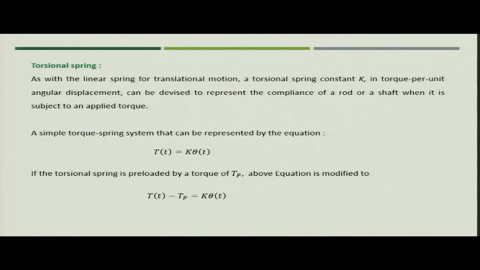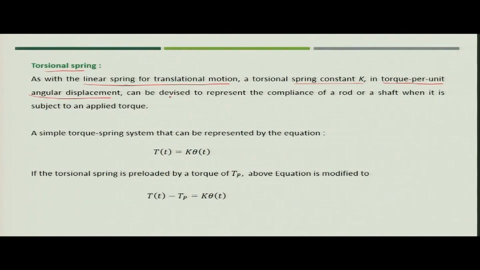Now, similar to the linear spring which we saw in case of translational motion, we can also define torsional spring. Torsional spring, let us say we have a torsional spring constant k that is given in torque per unit angular displacement.